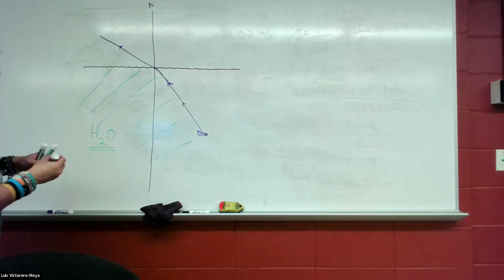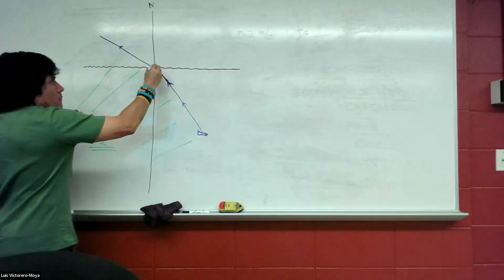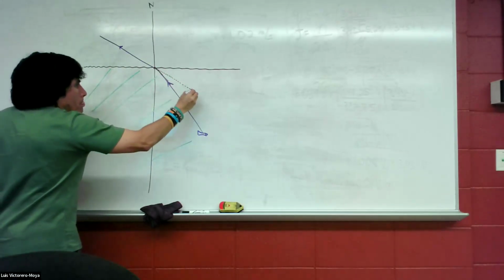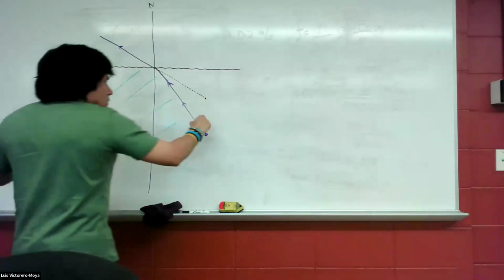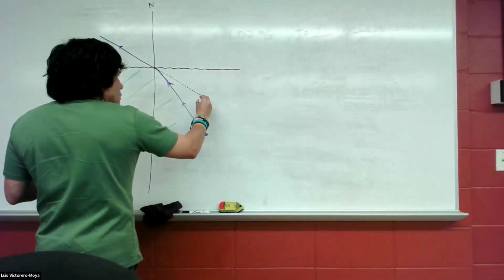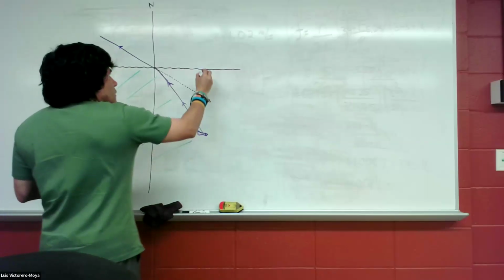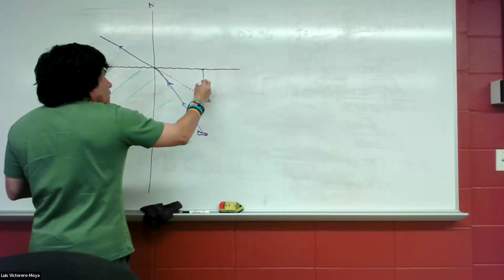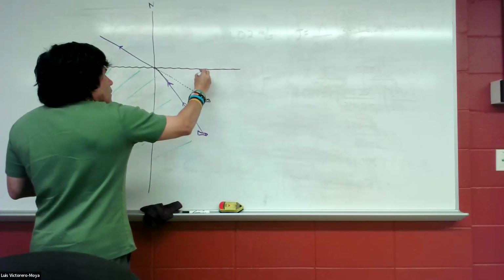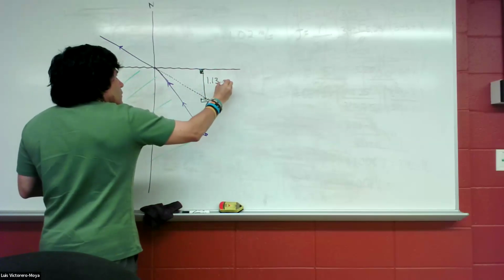So if you were to extend the refracted ray, here is where you will see the apparent position of the fish. This is 1.13 meters.